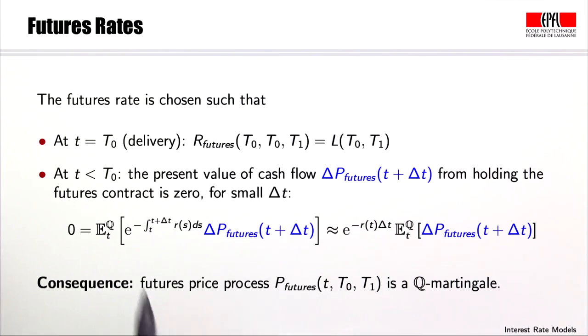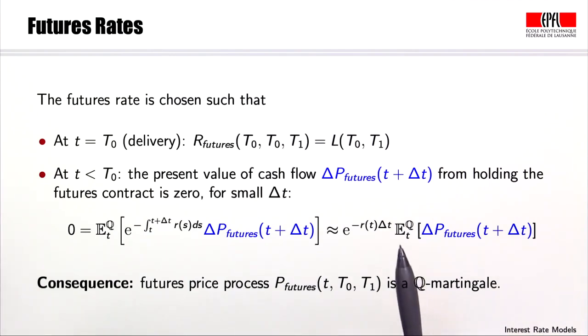We then approximate the discount factor for small delta t by e to the minus r_t times delta t. Because this is measurable with respect to the information available at small t, we can pull this out from the expectation, and we are left with a conditional expectation of the cash flow itself.